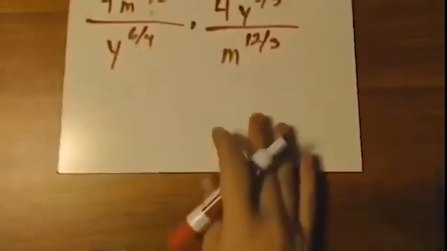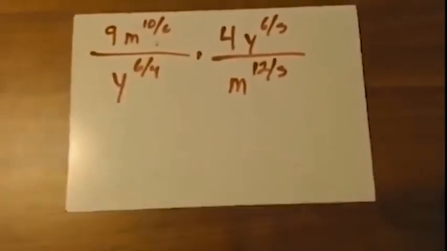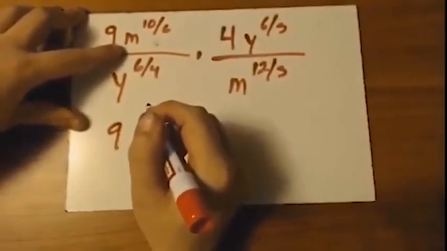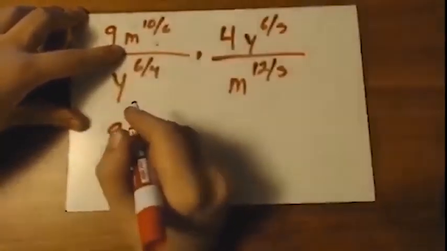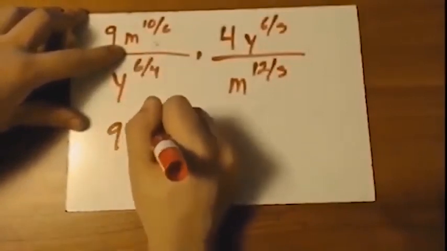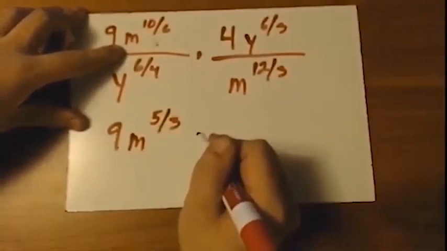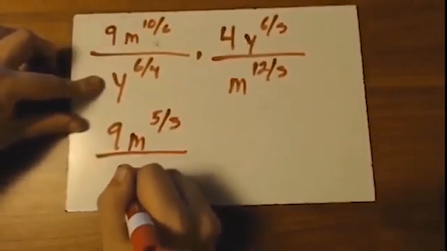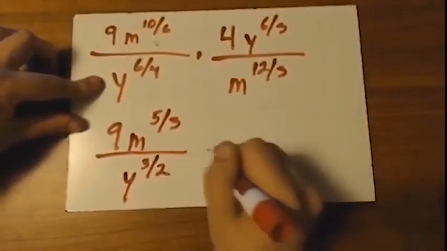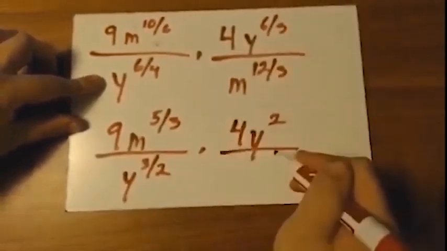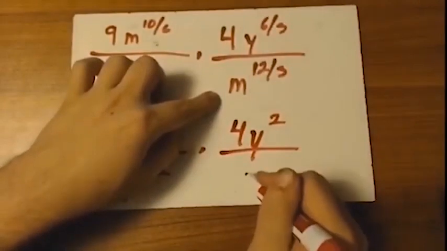Let's simplify these a bit. M to the 10/6 reduces to 5/3. 6 over 4 reduces to 3/2. 6 over 3 is 2. 12 over 3 is 4.